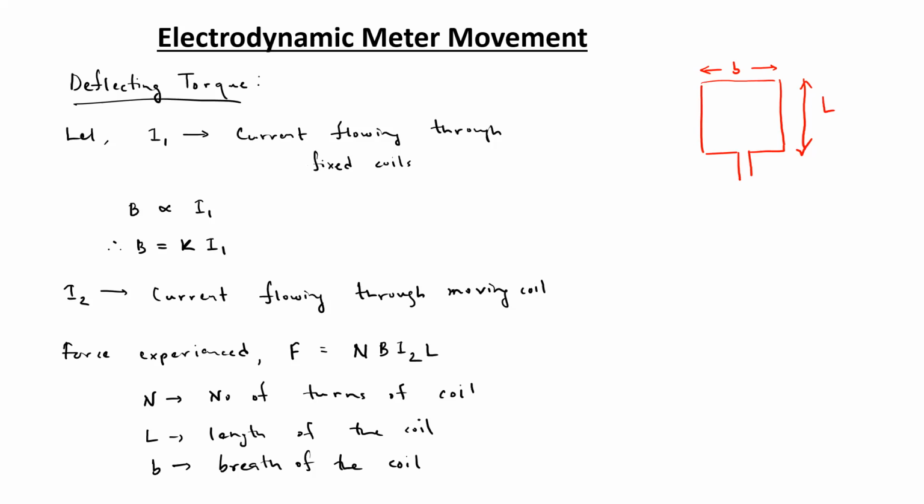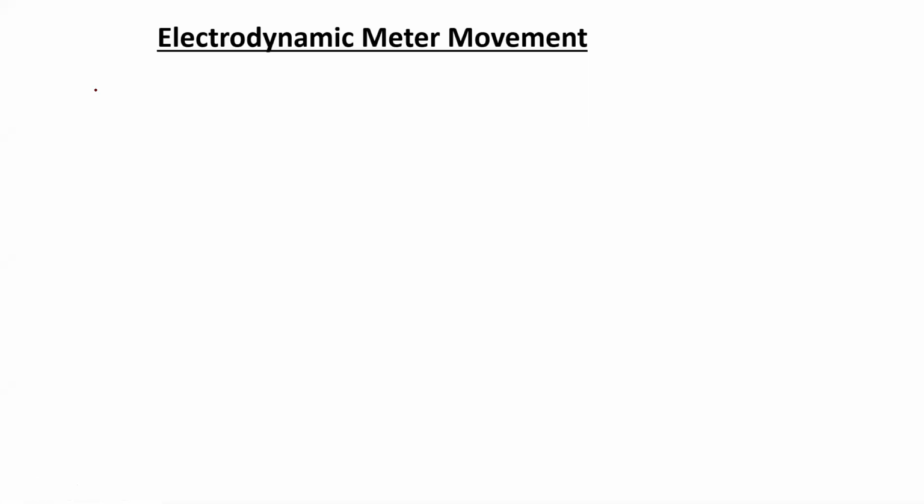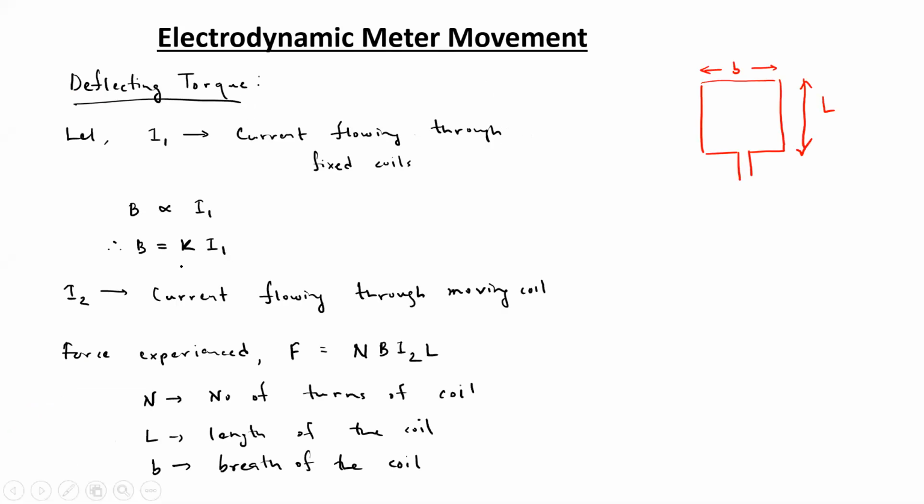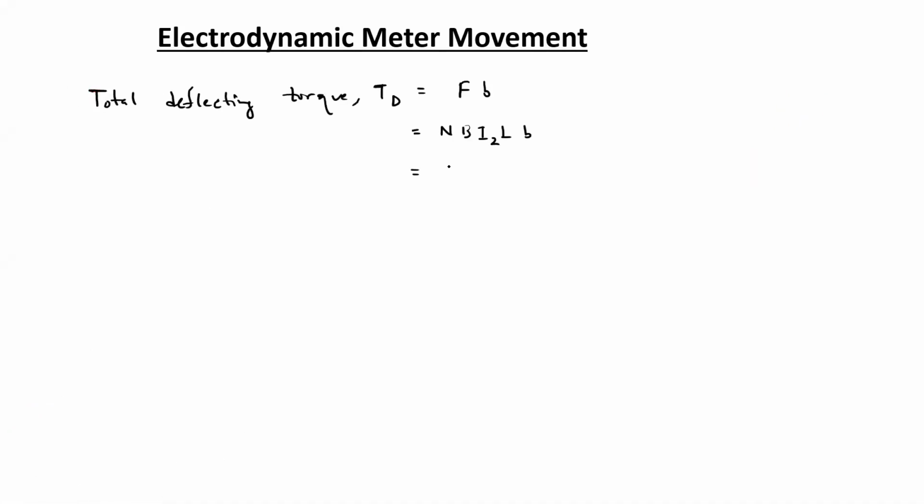So that would be the total deflecting torque TD equals F into B. So F can be replaced by N into B I2 L, and B, the magnetic flux density, was represented in terms of I1 with a proportionality constant K. So if we replace that, then we can write K N I1 I2 L into B.